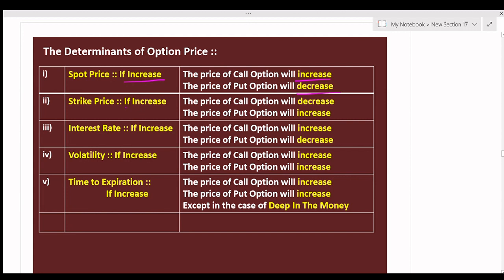If the strike price increases, then the price of the call option decreases and the price of the put option increases. If the interest rate increases, the price of the call option increases and the price of the put option decreases. If volatility increases, the price of the call option increases and the price of the put option increases. If time to expiration increases, then the price of the call option increases and the price of the put option increases. Both increase except in the case of deep in the money, which was explained earlier.